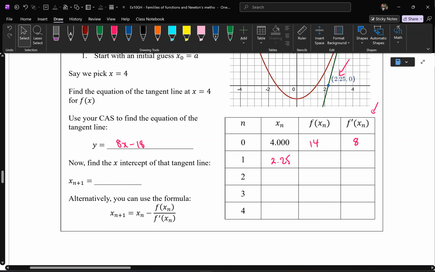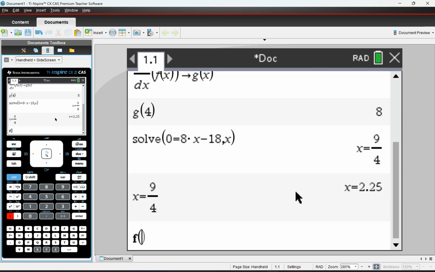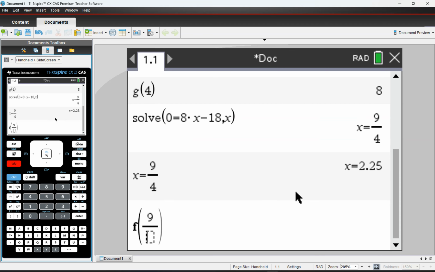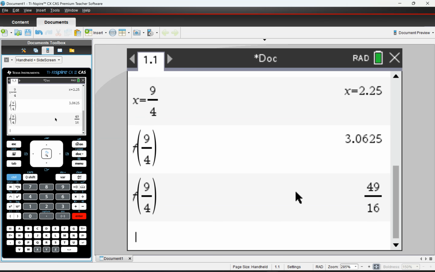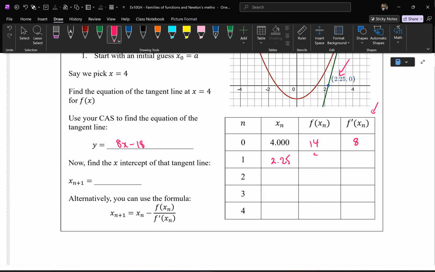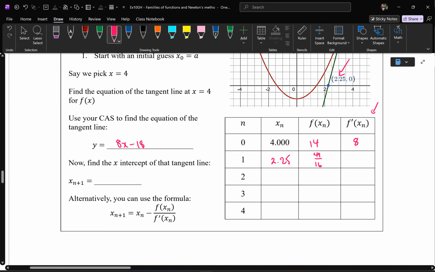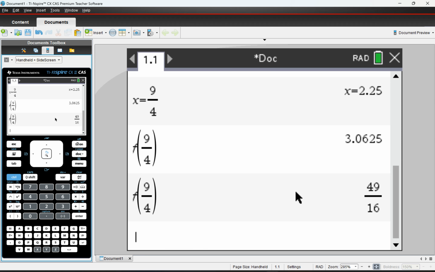So again, if I want to do it again, you do f of 9 on 4. This is by hand, by the way, or by the CAS calculator page. Then you get, maybe I should leave it as an exact value, 49 on 16. And then you can do the same thing again.